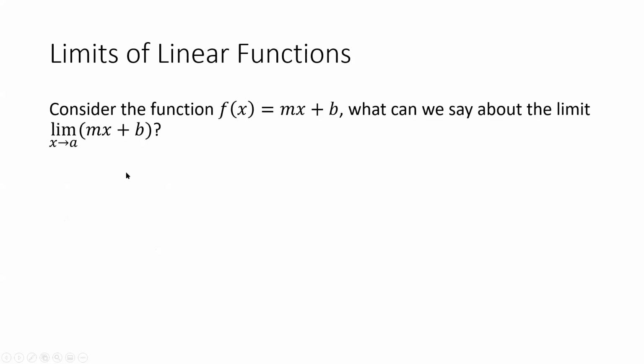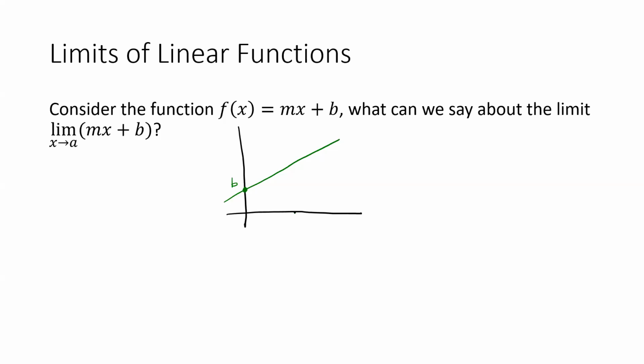So let's start with something really simple. Suppose I have the function f of x equals mx plus b. Of course, this is just the equation of a line. If I imagine what this function looks like, you've got some line that passes through some point b on the y-axis, and it has a slope of m.